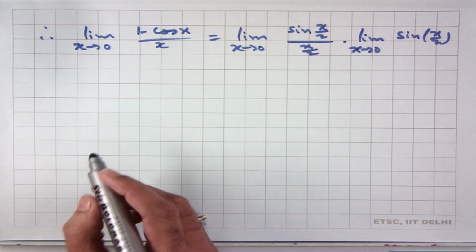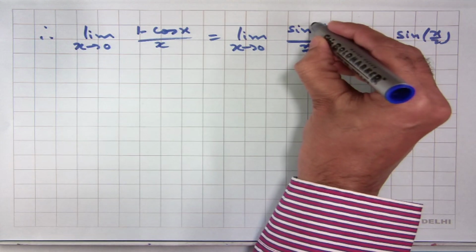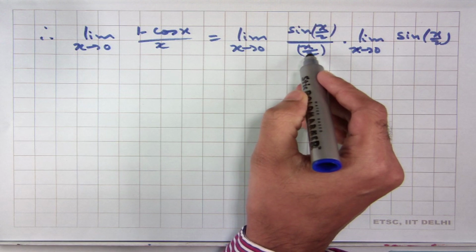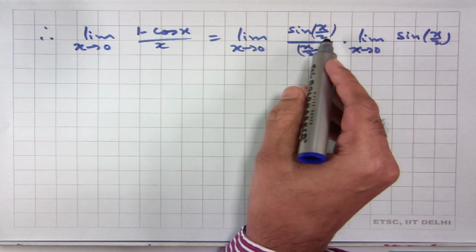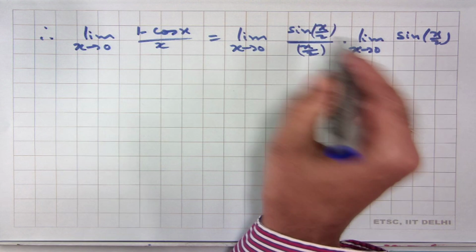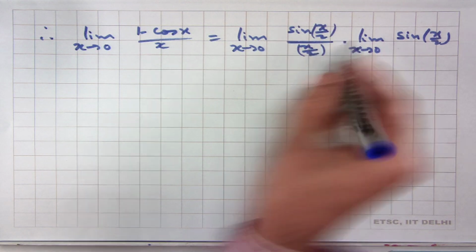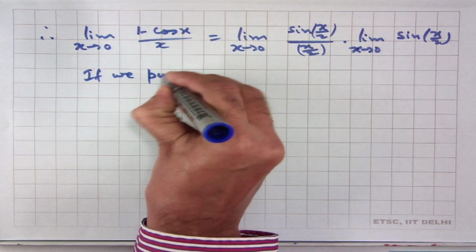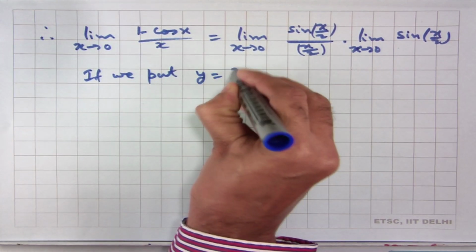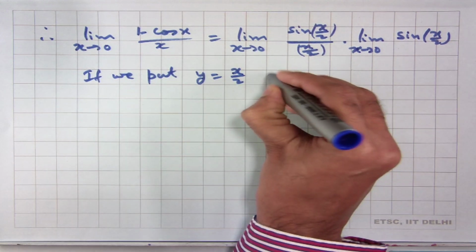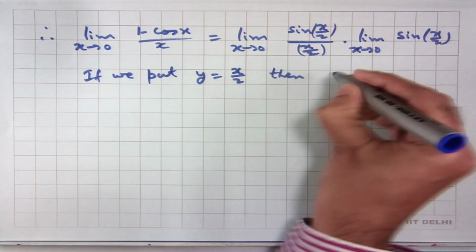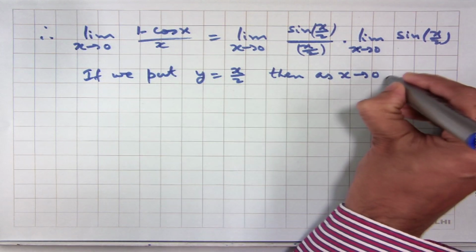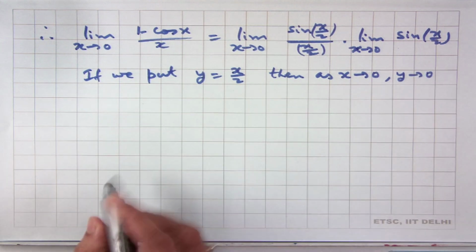So, now what we know is that limit of sin x by x as x approaches 0 is equal to 1. Here what we have is sin of x by 2 divided by x by 2. So, if we put y equal to x by 2, then as x tends to 0, y also tends to 0, because y is half of x.